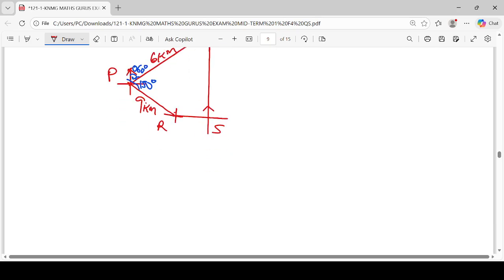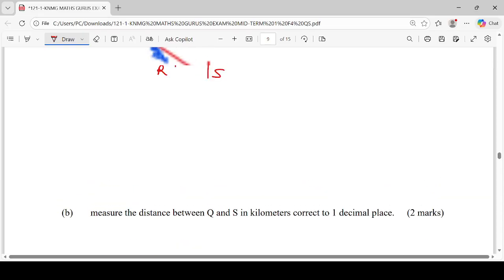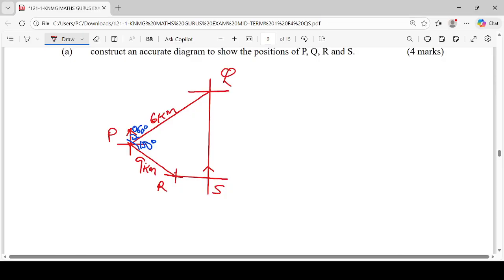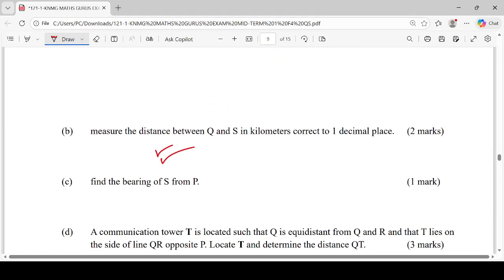Now, what is the next question saying? Measure the distance between Q and S in kilometers. So you just measure this distance from Q to S. Then you record it here. That one is simple.